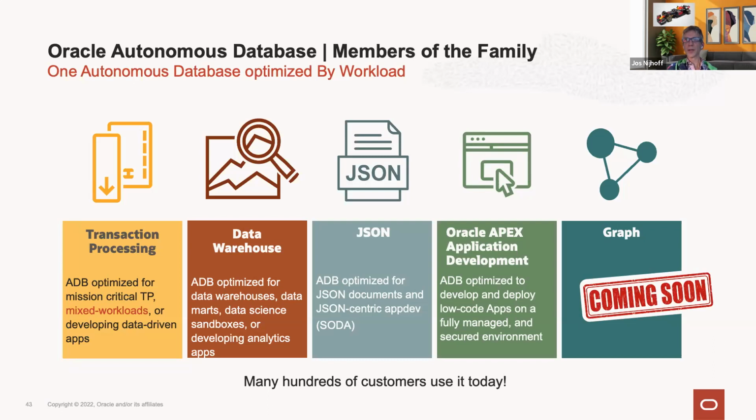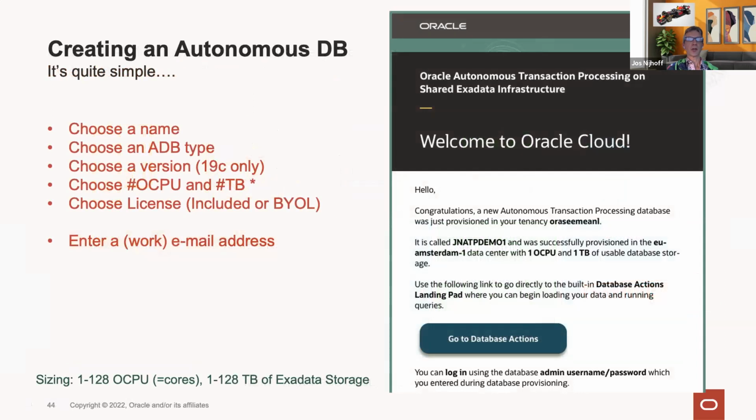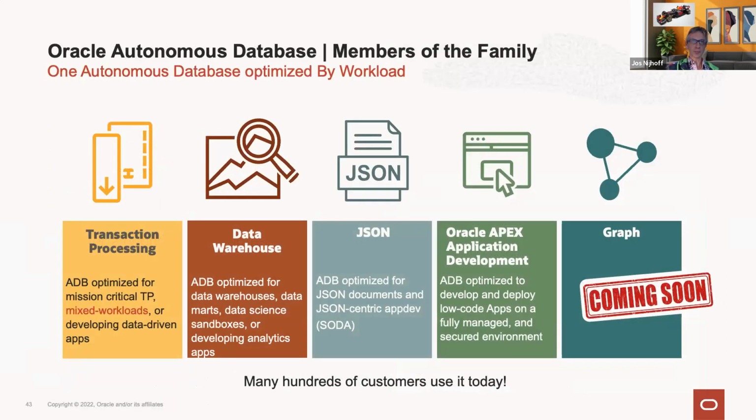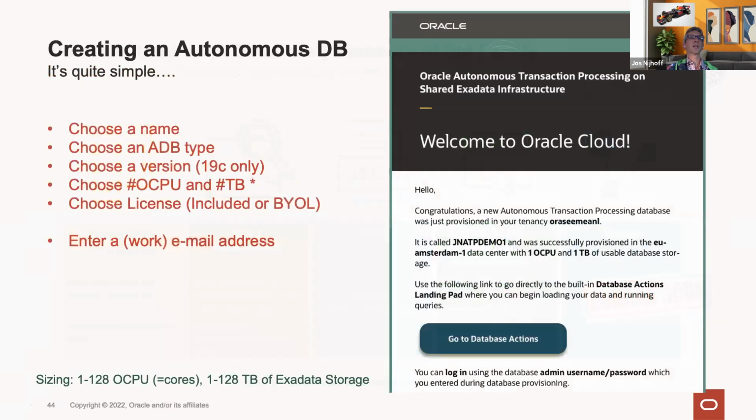Facebook has made graph very popular, and customers are asking for it. Also, many hundreds of customers are already using the autonomous database, including customers that don't have large IT departments but still want to run the Oracle database. And it's very convenient for that.